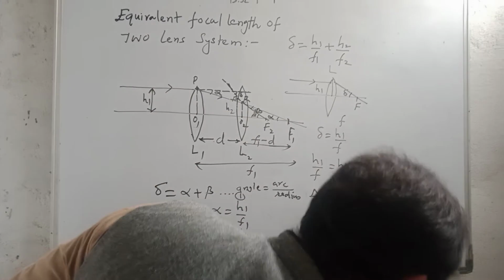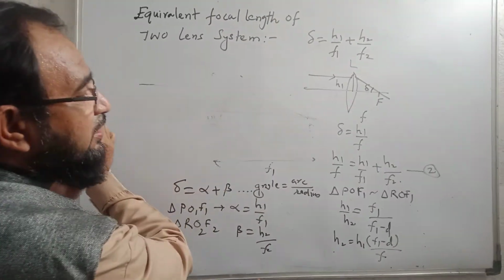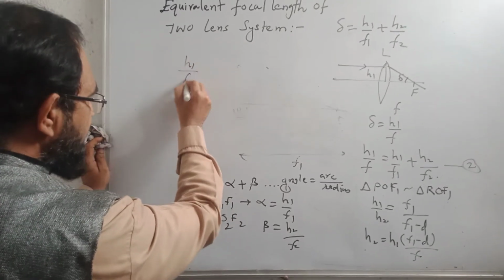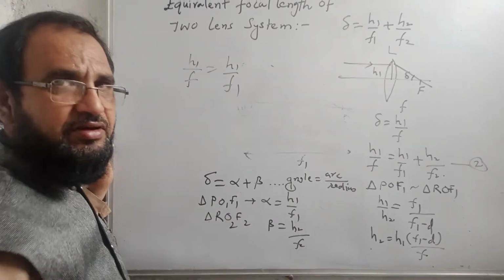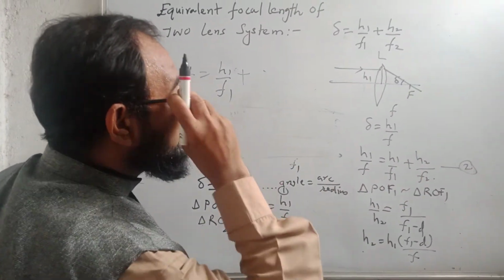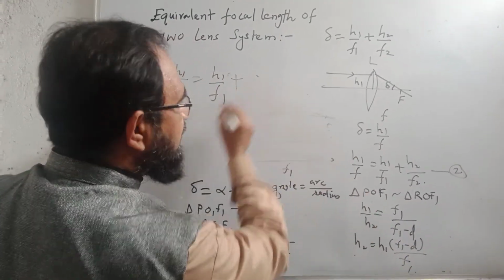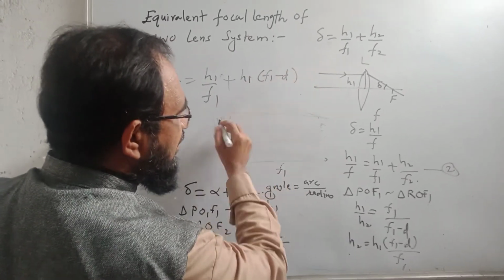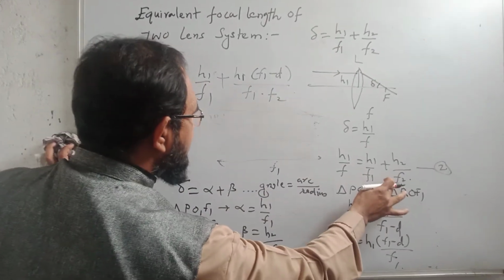After substitution, H1 by F is equal to H1 by F1 plus H1 into F1 minus d upon F1 into F2.